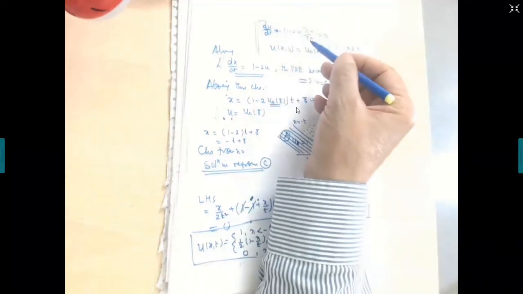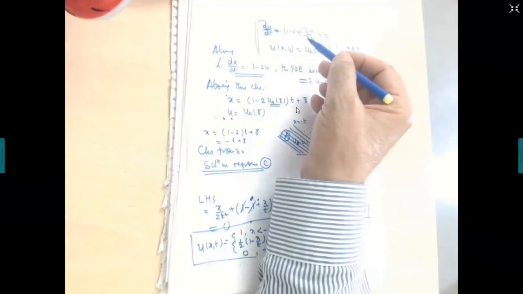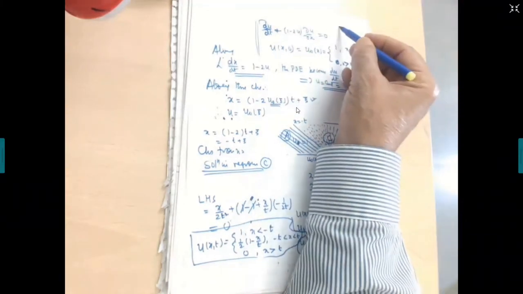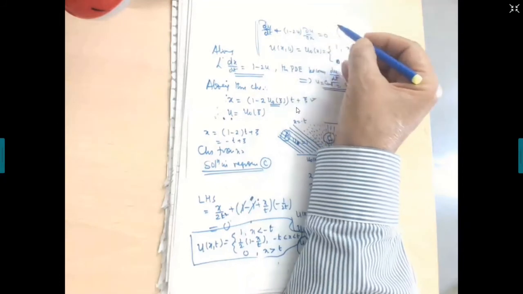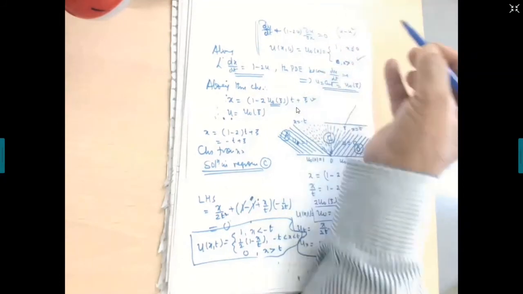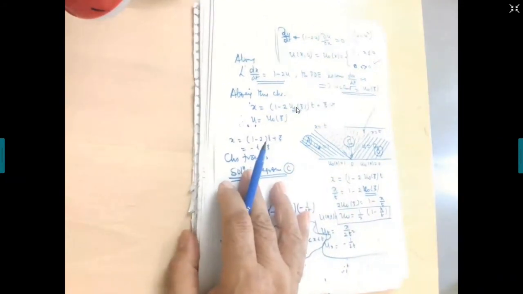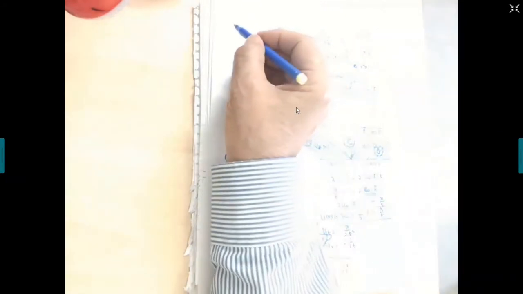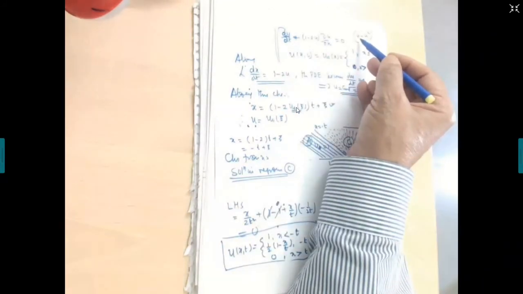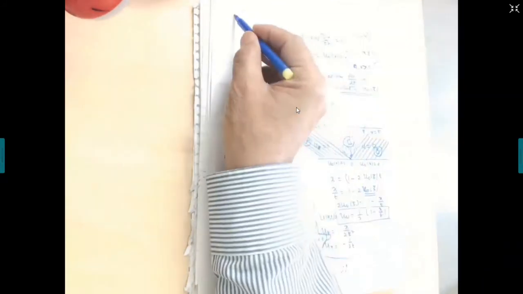And this is the flux function. The flux function will be what? U minus U square, am I right? So here the flux function is concave or convex. You can see here, it vanishes at U is equal to 0, it vanishes at U is equal to 1. So it has this shape.